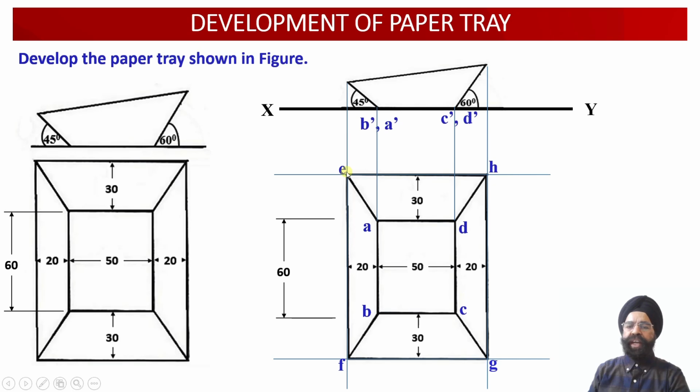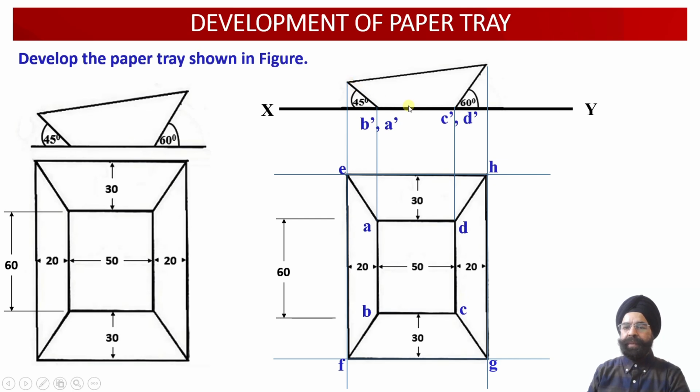Now corresponding to the four corners of the top surface of this paper tray, we have marked four points as E, F, G and H. We can see that the edges AE and BF are inclined with respect to the horizontal plane at an angle of 45 degree, so this edge length will appear as a shorter edge length.